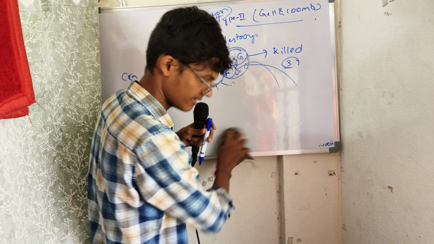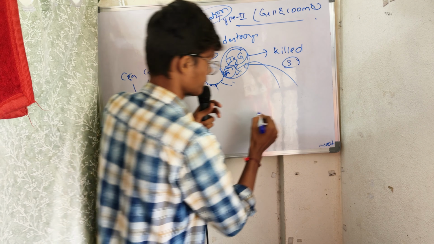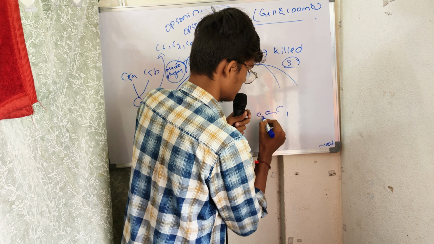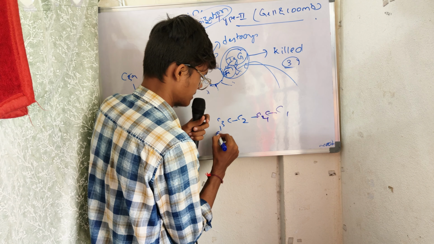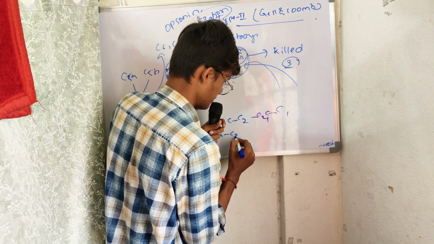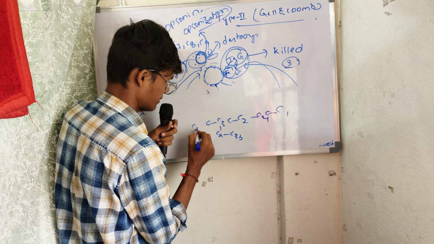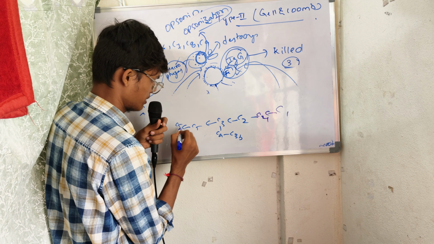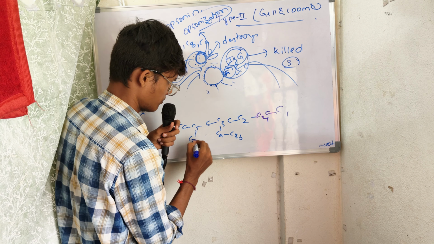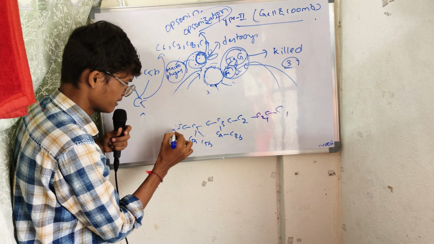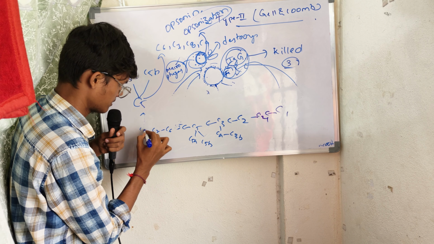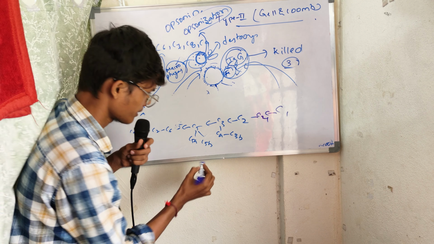Okay, once again I will write the cascade here. Complement cascade: first C1, C4, C2, C3, C3a, C3b, then C5, C5a, C5b, and then C6, C7, C8, C9.